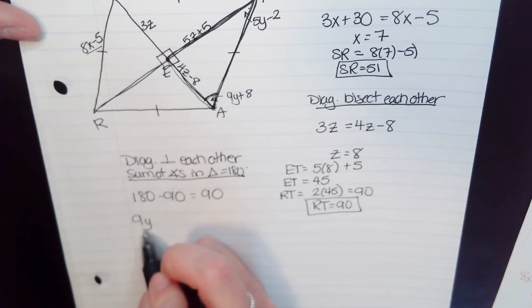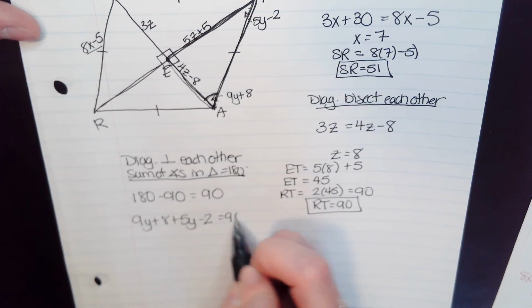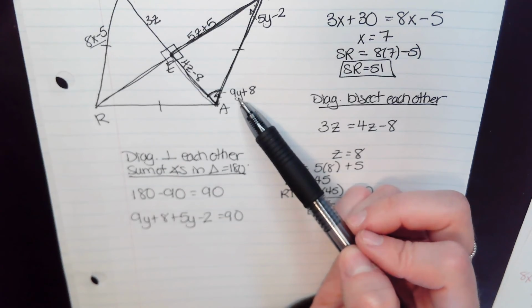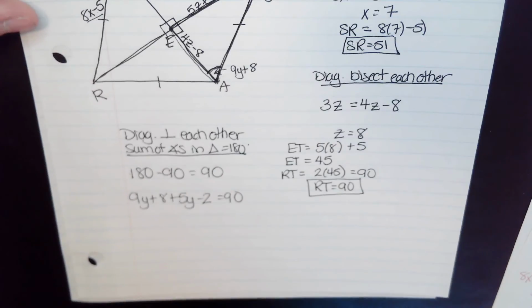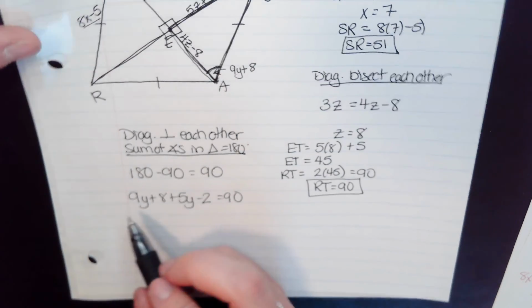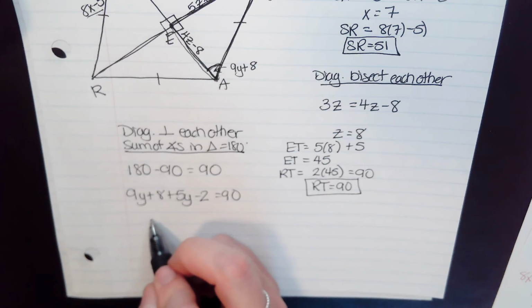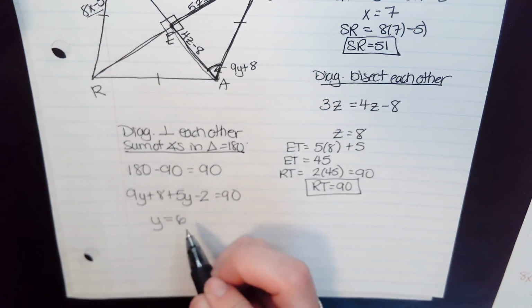So now I know 9y plus 8 plus 5y minus 2 would equal 90. Or you could set up one big equation, say 5y minus 2 plus 9y plus 8 plus 90 equals 180 for that whole triangle. Now you're just going to solve that. So combine your like terms. If you haven't done already, pause and go ahead and do that now. You should end up with y equals 6.